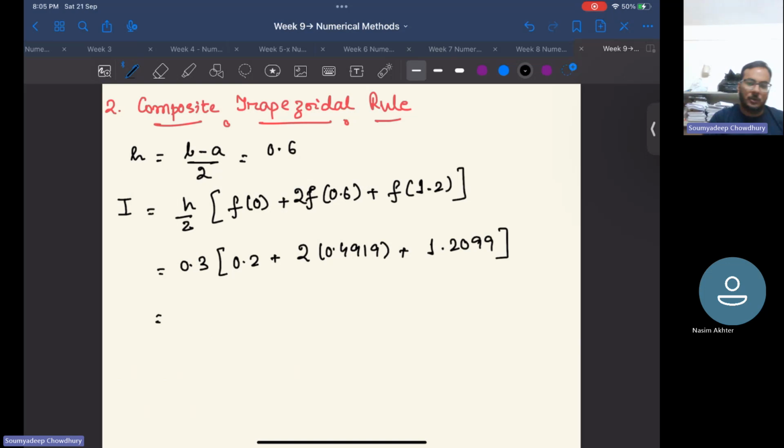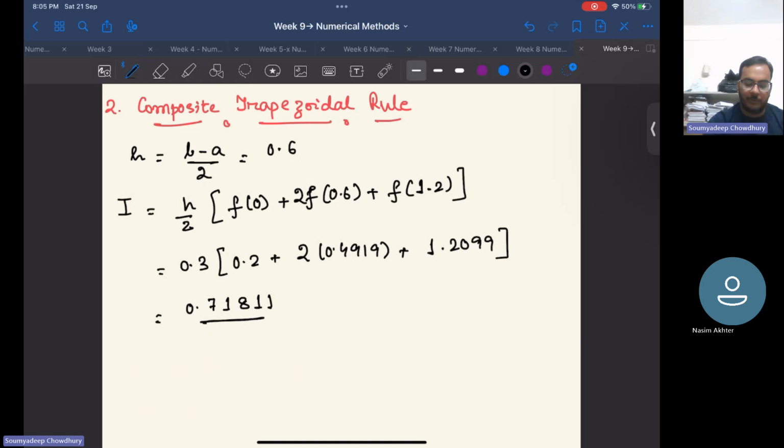So if you find out how much this is, 0.3 into 0.2 plus 2 into 0.4919 plus 1.2099, this is coming around 0.7181.